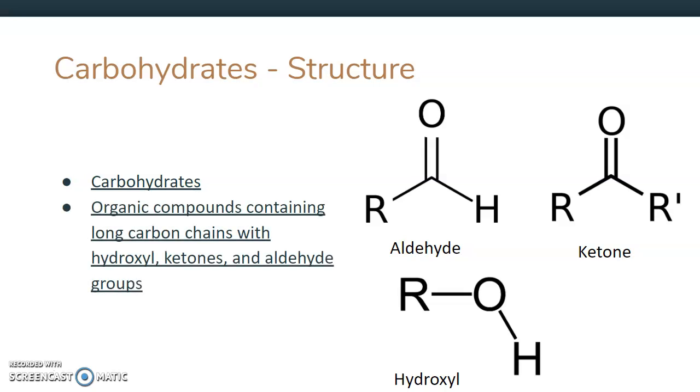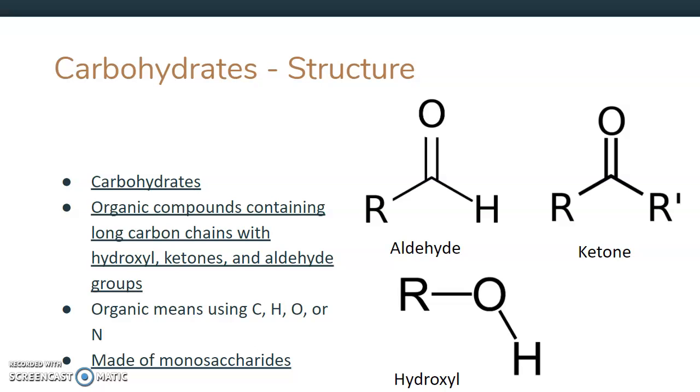So our definition for a carbohydrate is an organic compound containing long carbon chains with hydroxyl, ketones, and aldehyde groups. Need to remember that our term organic means that we're using carbon, hydrogen, oxygen, and sometimes nitrogen.